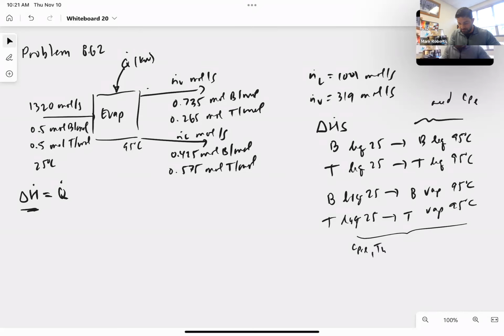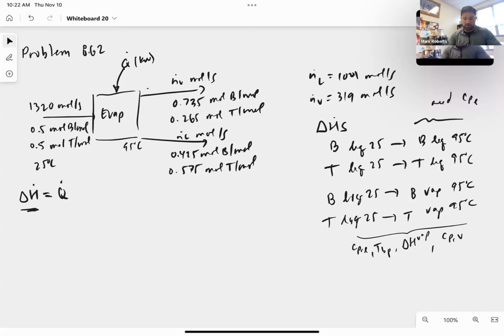So we're going to need to know the boiling point, and then at the boiling point, we're going to use the heat of vaporization for each one of them. The boiling point and the heat of vaporization we can get from table B1. And then we're also going to need the CP of the vapor for each one of these, which we can get from table B2. All right, now let's go and set up our enthalpy table.